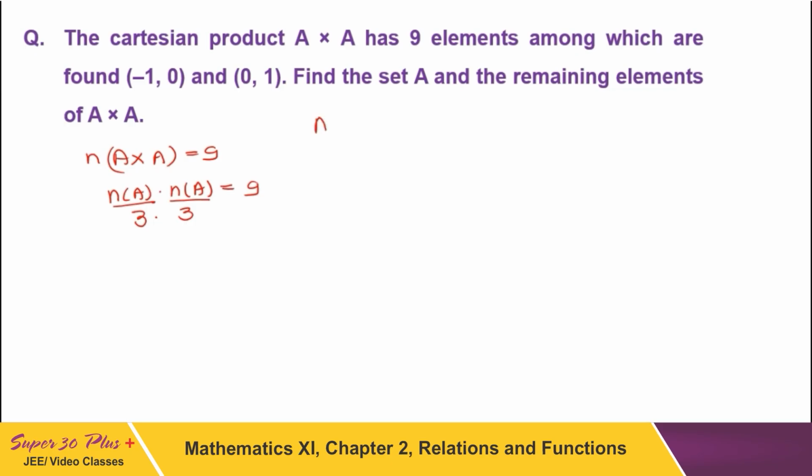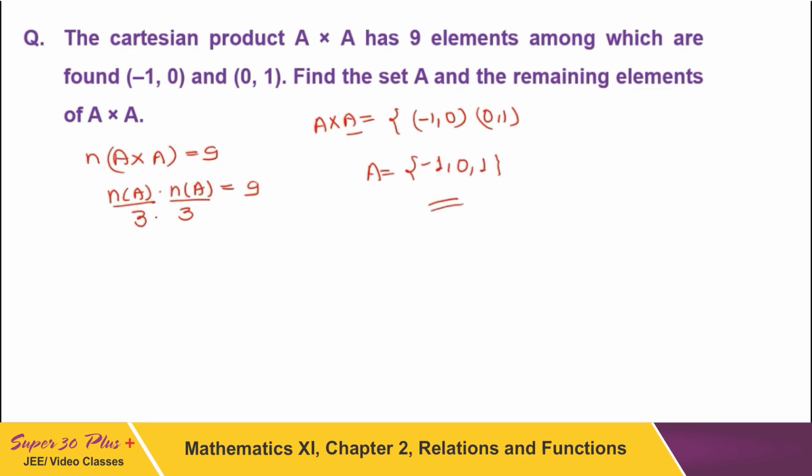Now A cross A is given: (minus 1, 0) and (0, 1). There are only 2 elements of A cross A given. As we know, the first elements come from the set A, means A contains minus 1, 0 and 1 also, because the second element also comes from the set A. Yes or no? That's why, what is the set A? Set A is minus 1, 0, 1.